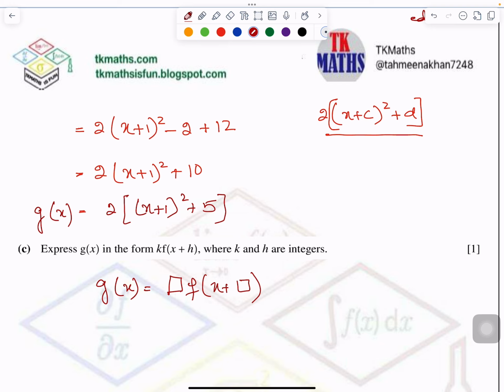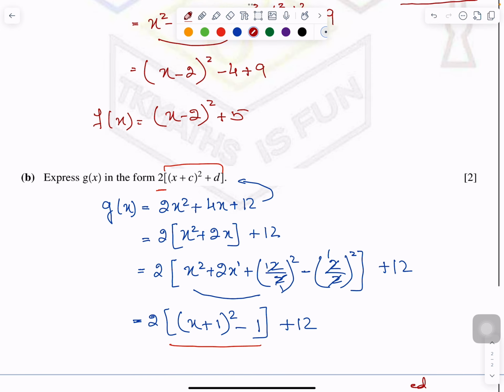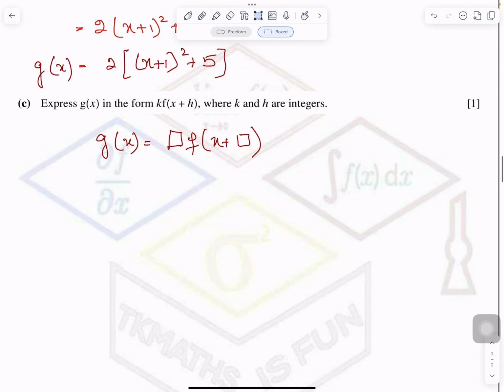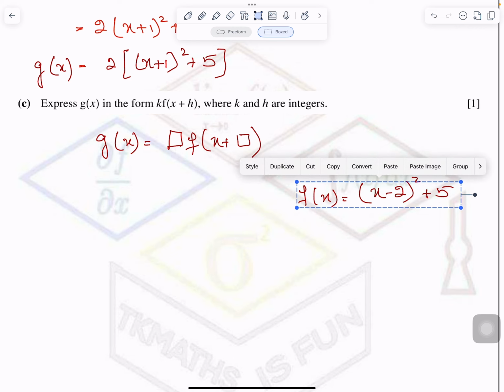So I have to bring it into this form. For that, let me see function f. This was function f. Let me take it over there. Okay, now this is my function f, right?